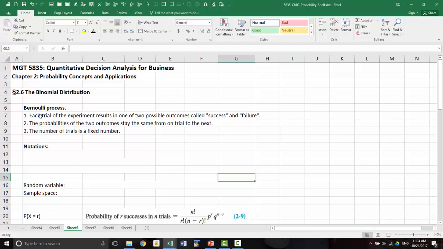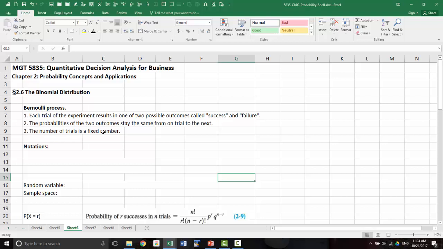Okay, so here are the three requirements of the Bernoulli process. Each trial results in two possible outcomes. They are generically called success and failure. The probabilities of the two outcomes stay the same trial after trial, that is, statistically independent trials, and the number of trials is a fixed number.